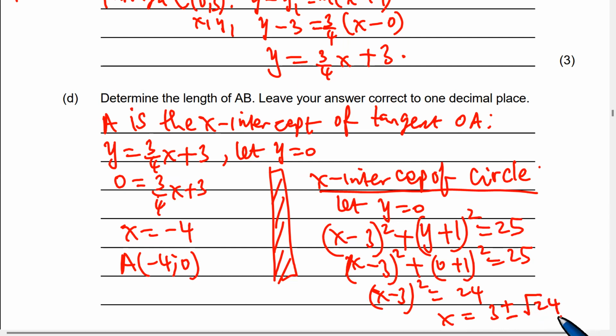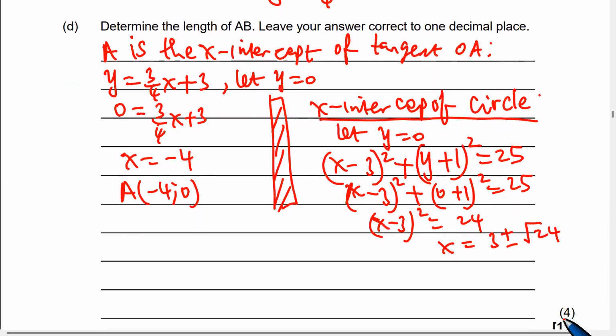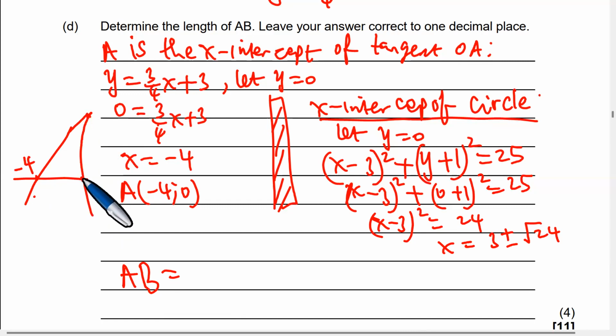Now you can do this. Right, so to find AB, so you have this one. This is -4. Okay, this is -4. What are the coordinates here?